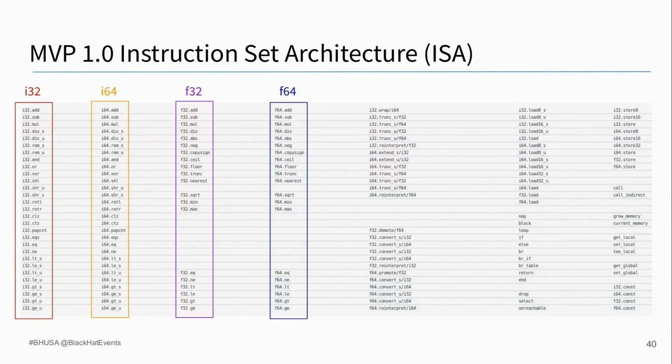That's why I say the instruction set is not that complicated. For example, for integer 32 and integer 64, it's basically the exact same opcode, just specific to one format or another. So already half of the instructions are pretty redundant and easy to understand.